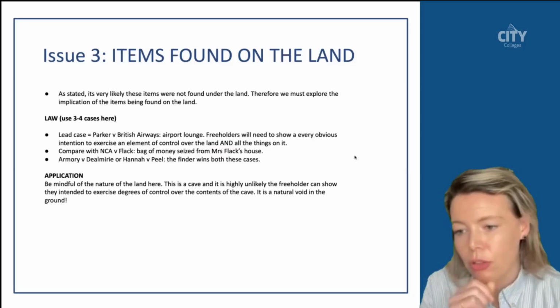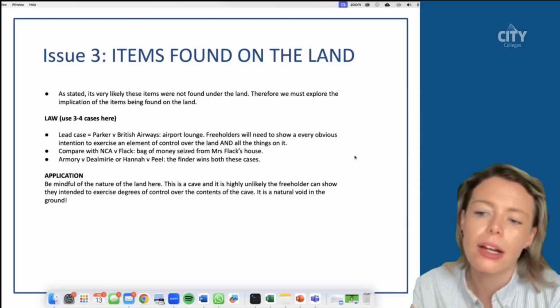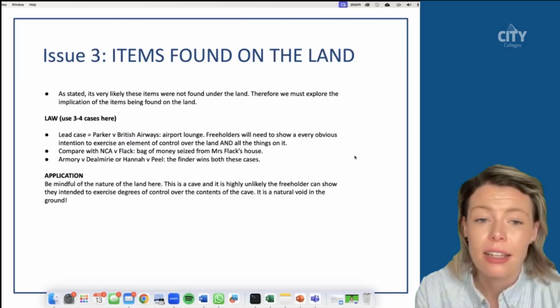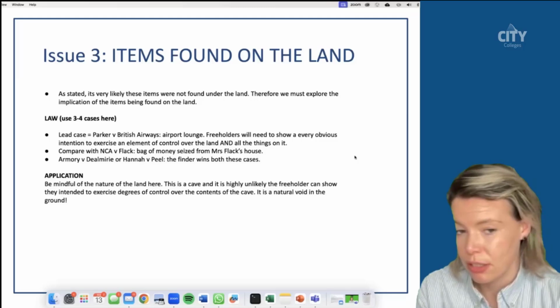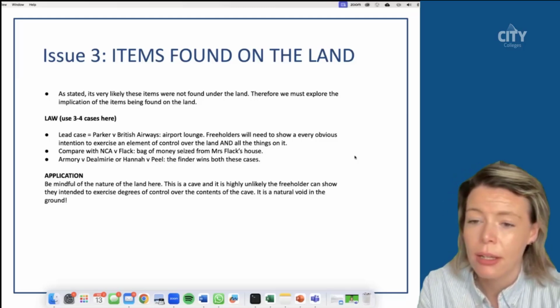But something that's often overlooked in Parker is often people will say, well, Parker and British Airways says the following. It effectively says that if you find the item and it's on the land, you're the one that's entitled to it. There's a bit of a caveat to that, and it's clearly set out in Parker.